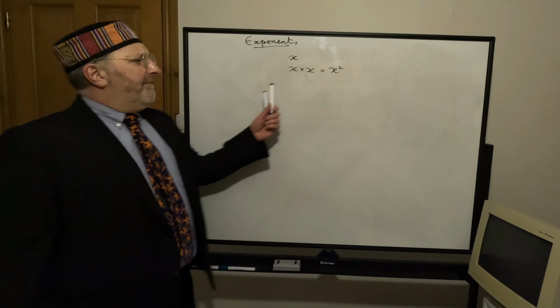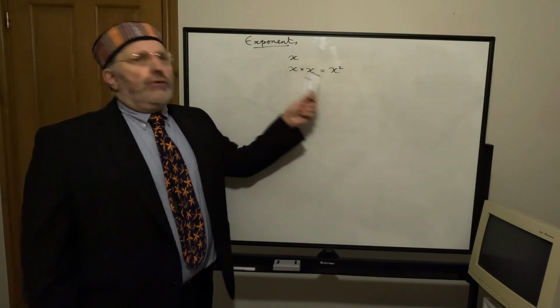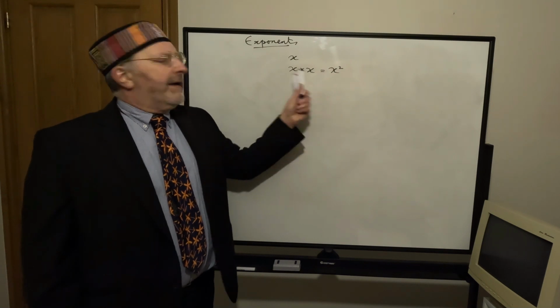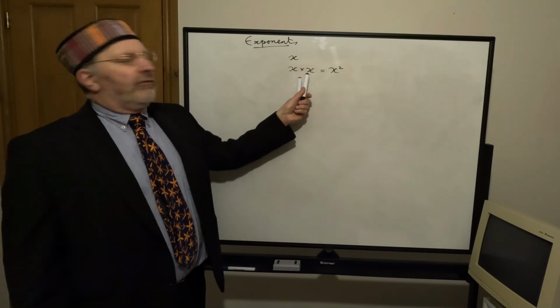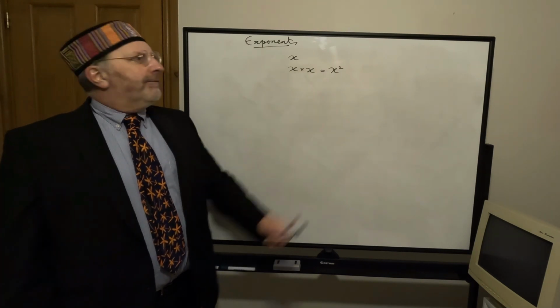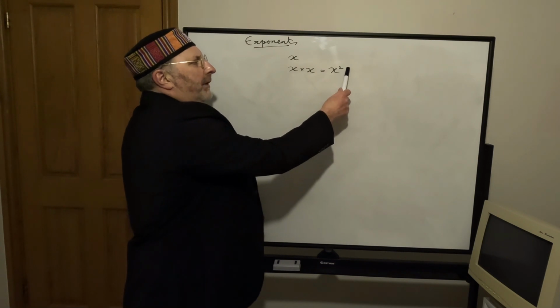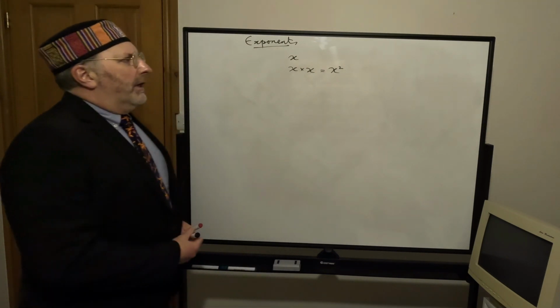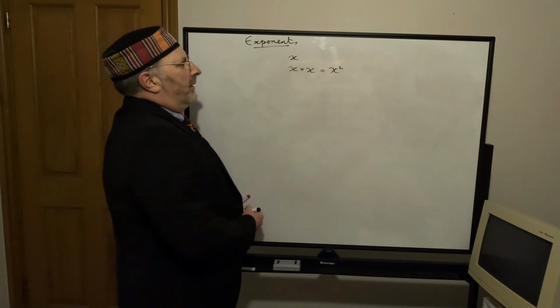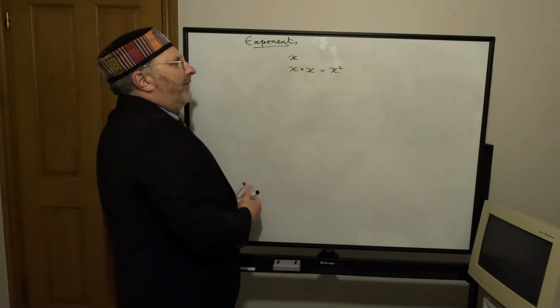There's nothing very profound about this. It's not proving anything. It's just a shorthand, just a notation, just a way of writing things. Instead of laboriously writing out x times x, we can just write x to the power of 2. This is the exponent, or sometimes we call it the index. So x times x equals x squared. That's just a simple way of writing it.